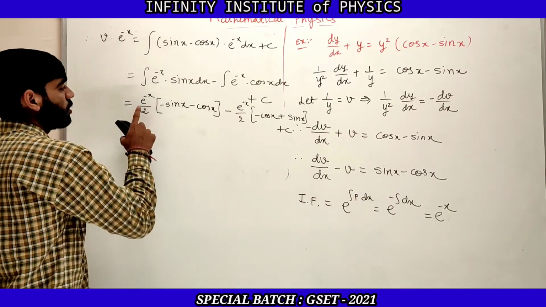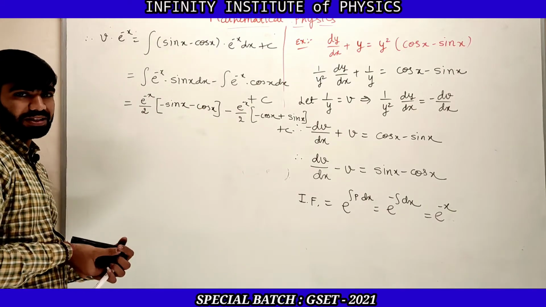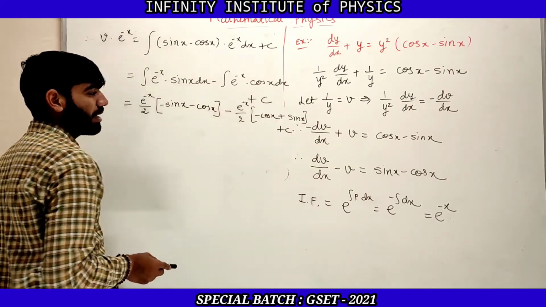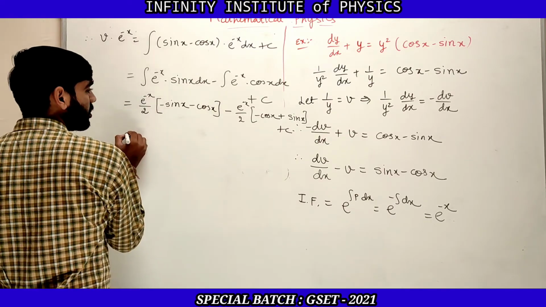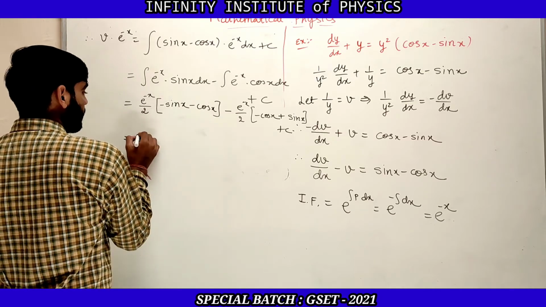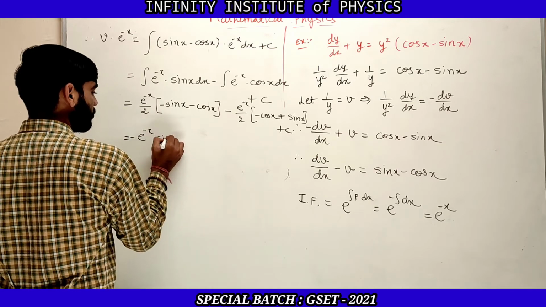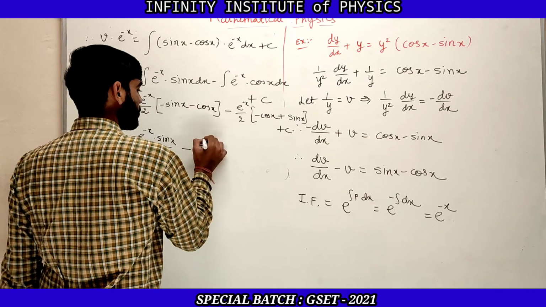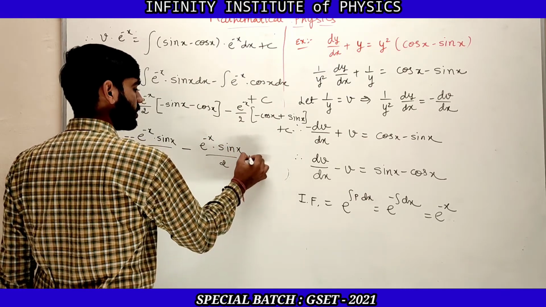Now this is minus cos x, this is minus minus, plus cos x, so these two terms will cancel out. This is minus sin x, this is also minus sin x, so this is 2 times minus sin x, so the 2 will cancel out. So it is e raised to minus x into minus sin x by 2 minus e raised to minus x into sin x by 2 plus c.